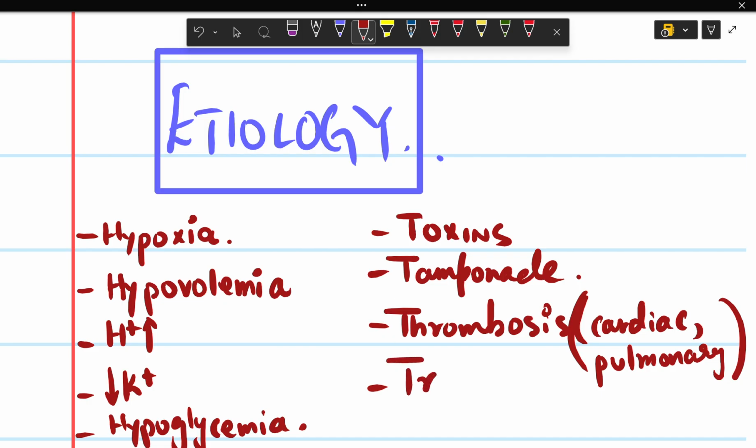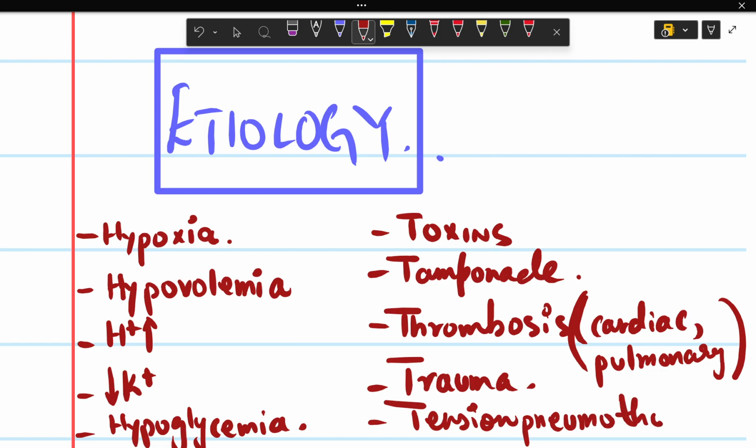Then trauma can be a causative agent, and finally tension pneumothorax can also result in bradyarrhythmia. So this is a list of different etiologies that may result in bradyarrhythmias. I would recommend learning them.